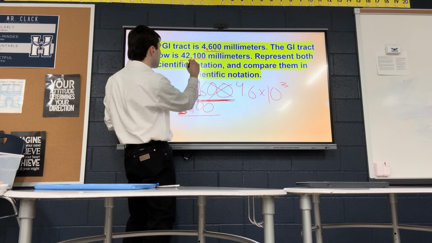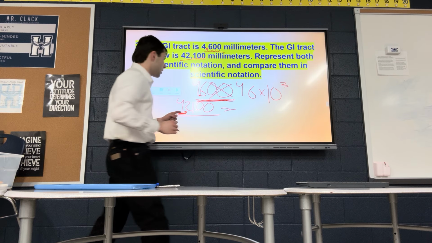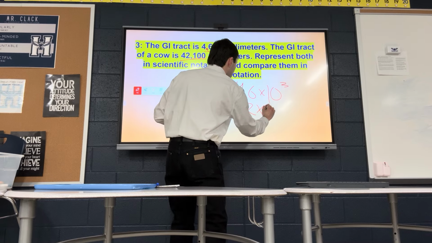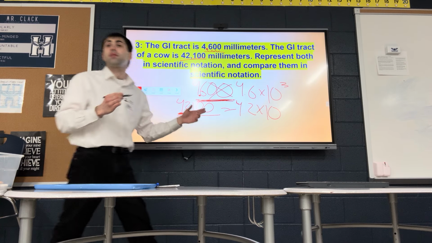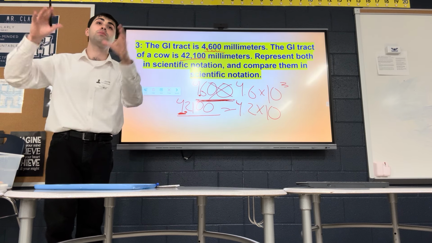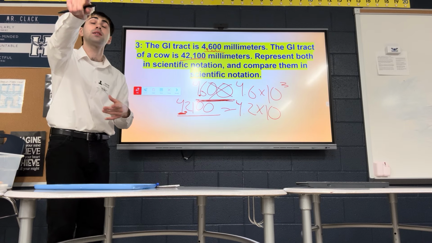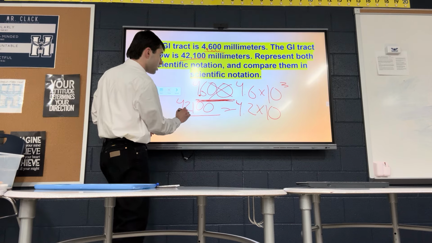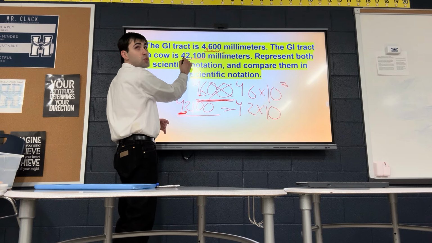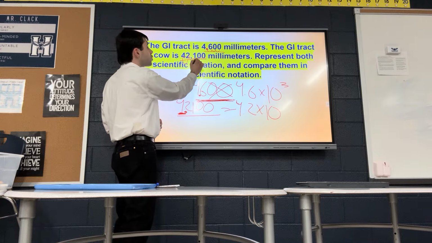So we have 4.2. What would the exponent be? How many decimal places are we moving? Let's count: 1, 2, 3, 4.